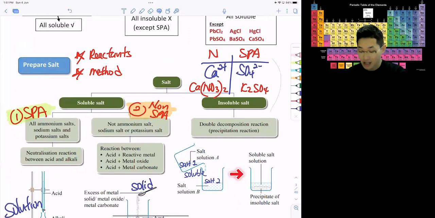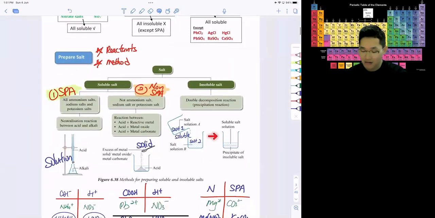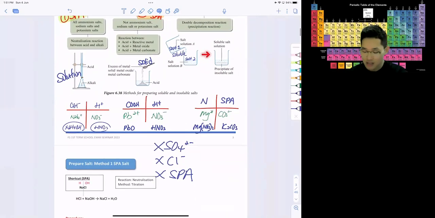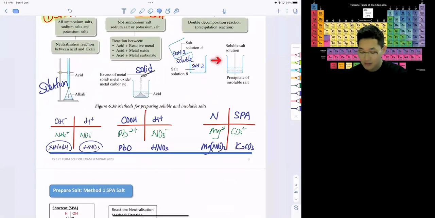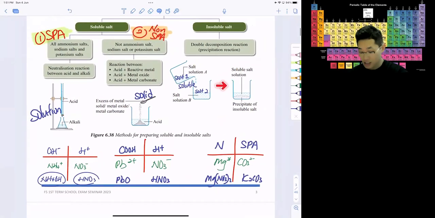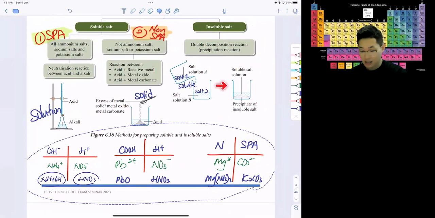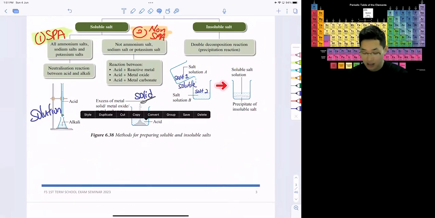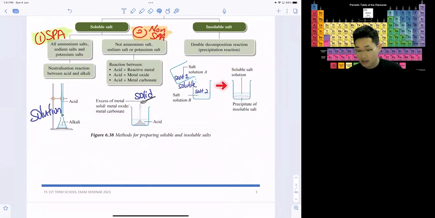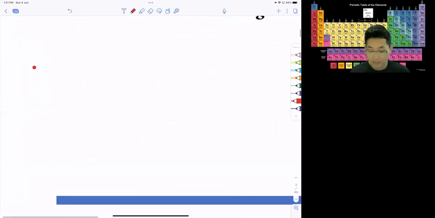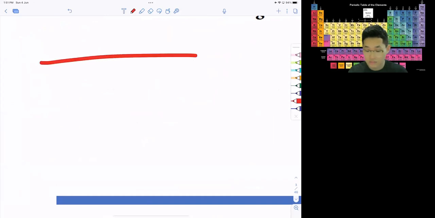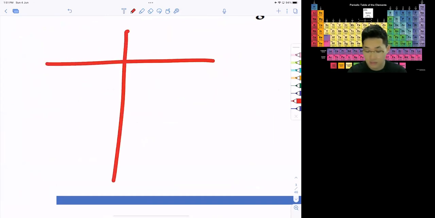Okay, no question, right? Then I think maybe you can write down the three crosses.